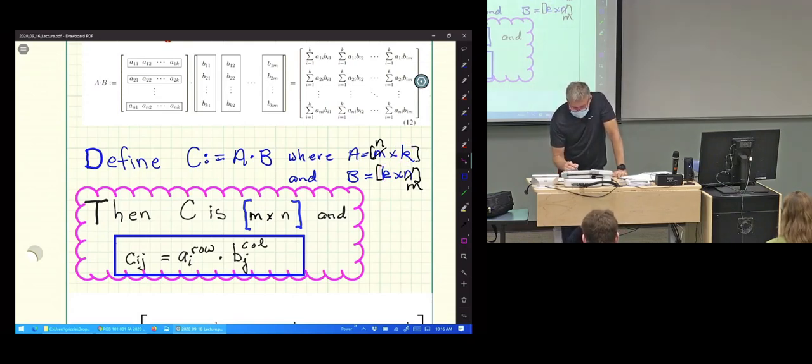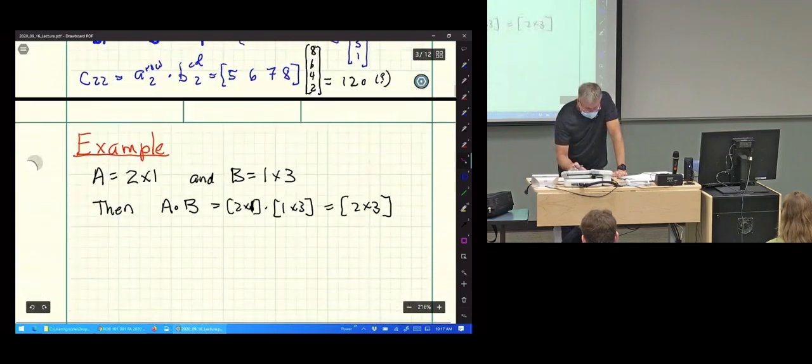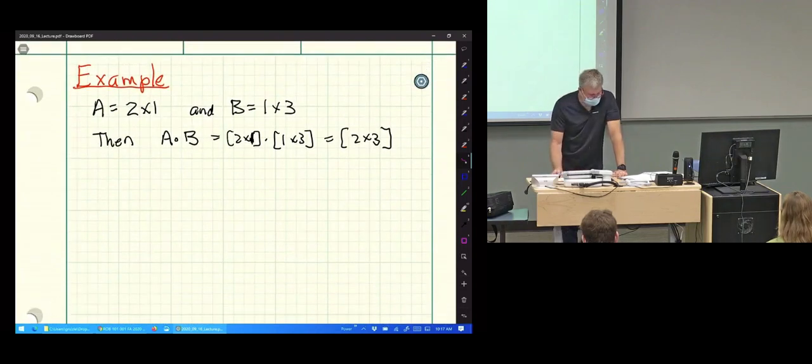So I can take a column vector, n could be 4 and k can be 1, so it's a column vector. And I can take k to be 1, so B is a row vector, and m to be anything I want, and I can still multiply them. That's just a special case of matrices. All I've done is take that k to be 1.